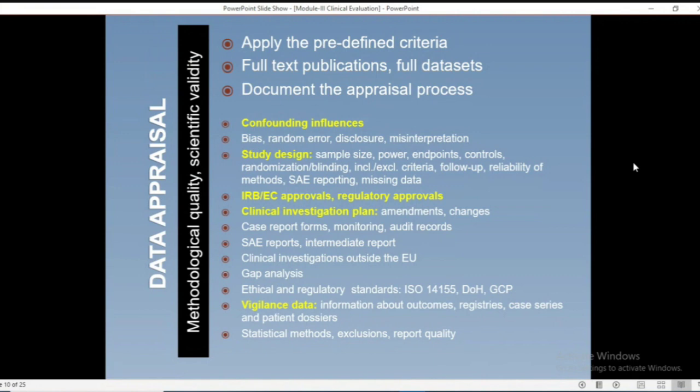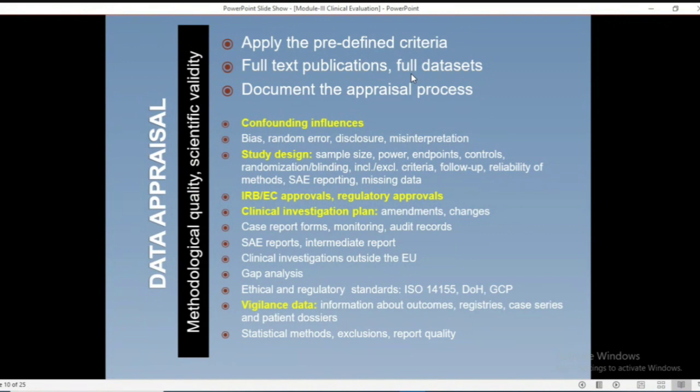And so based on those criteria, all your data should be full text publication, full data set. That means if you are selecting any article or review or any data in PMCF, or a research article or review article, you should get the full data, not just the part which mentions your device. That is not required.